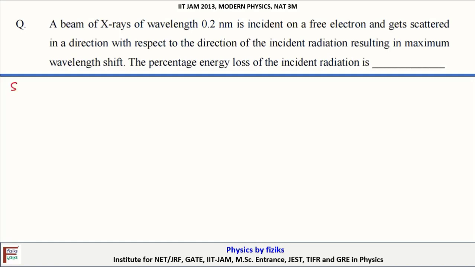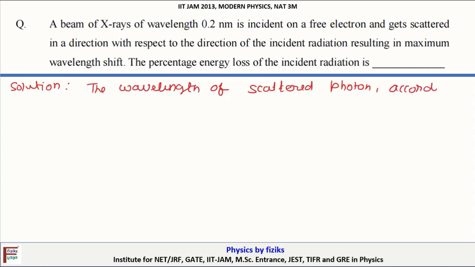Now, solution. The wavelength of the scattered photon according to the Compton effect is lambda dash minus lambda equals lambda c into 1 minus cos theta.